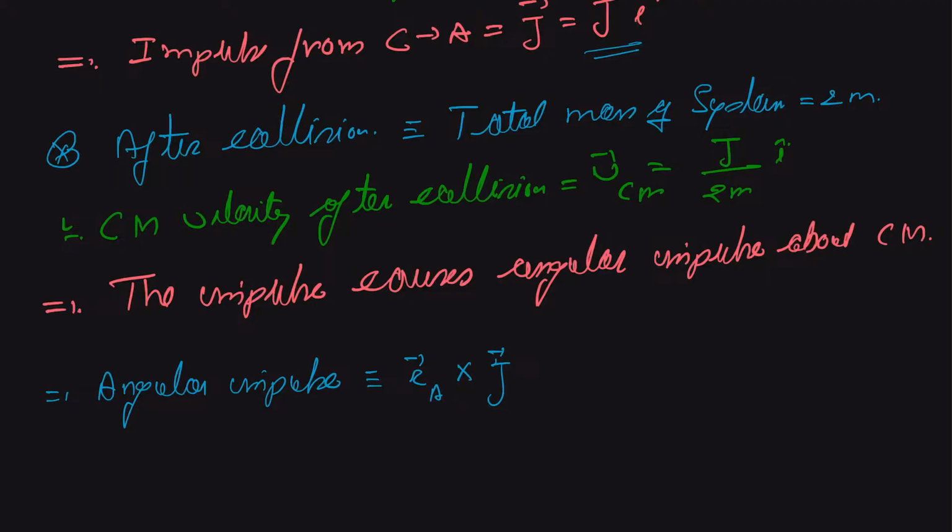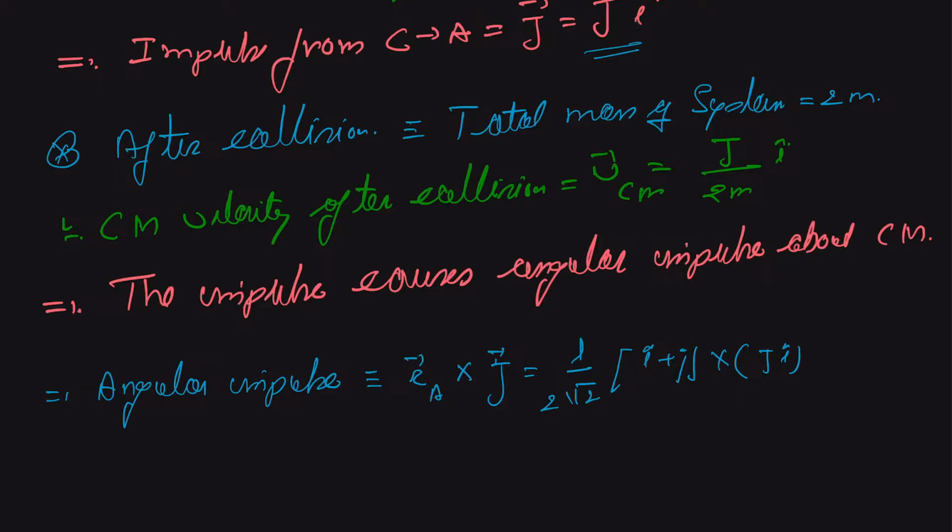And we already know RA is L upon 2 root 2 times (i plus j unit vector), and J is along the i direction.